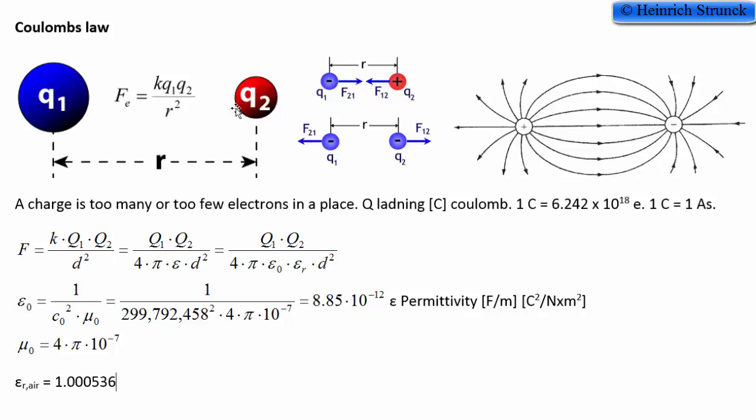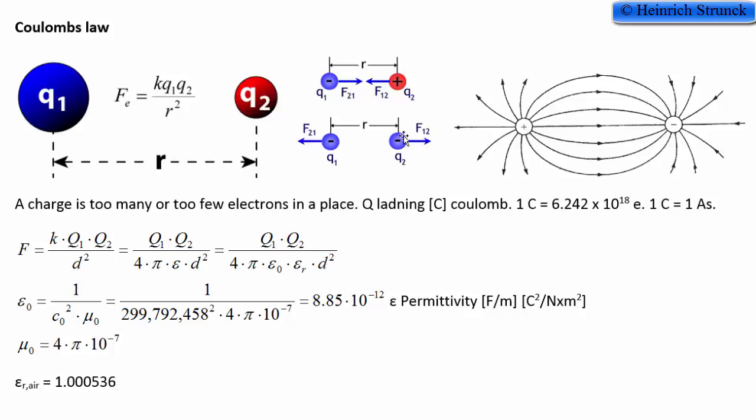The force up here can go both ways, and we can see over here that if the charges are positive and negative, or negative and positive, different, then the forces will attract each other. Otherwise, if the charges are the same, they will repel each other.